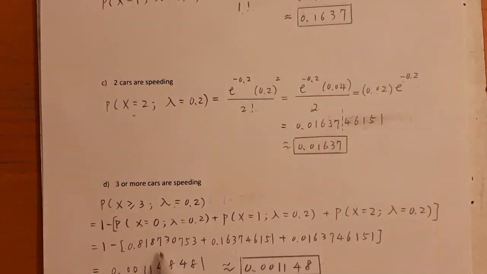So the 3, A, B, C, the previous 3 probabilities, add together and subtract from 1. 1 minus those three probabilities, then you will get the probability for 3 or more cars speeding.